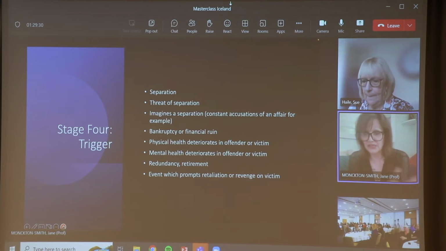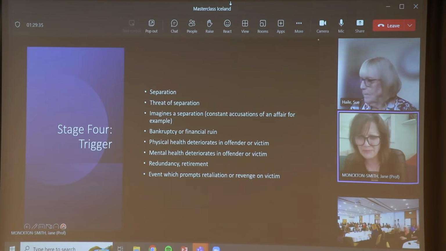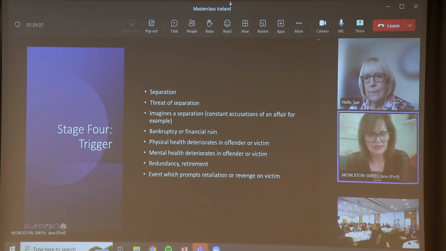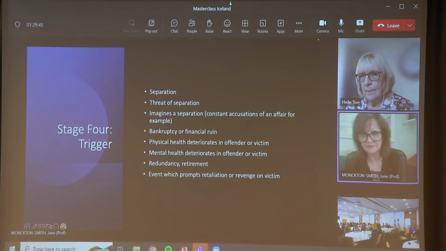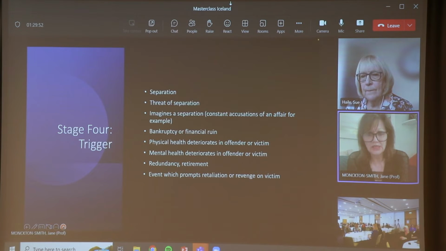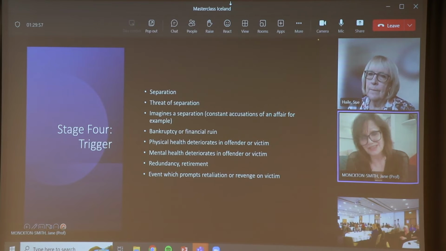So thinking back to coercive control being about trapping somebody in a relationship, it seems logical, wouldn't it, that the biggest threat to that relationship would be separation. So we did find some other triggers as well. Bankruptcy and financial ruin was one, and in the research, bankruptcy and financial ruin does have a link to what we call familicide.